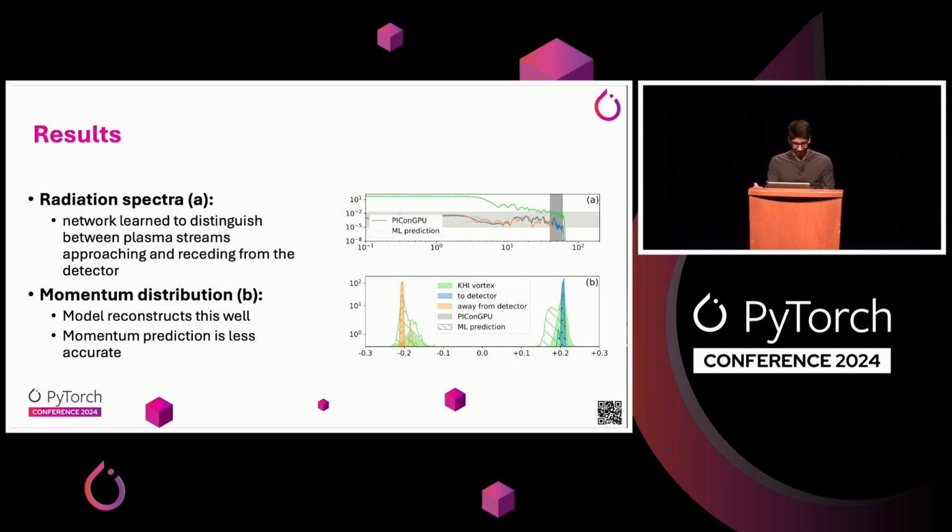What we see is that the model seems to have learned a fundamental aspect of special relativity, the Doppler effect, since it reproduces the correct cutoff frequency, which you see in gray in chart A on top, when predicting radiation spectra. But the momentum prediction was less accurate. Despite that, the model clearly identified the instability regions.